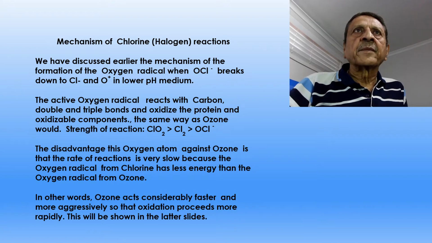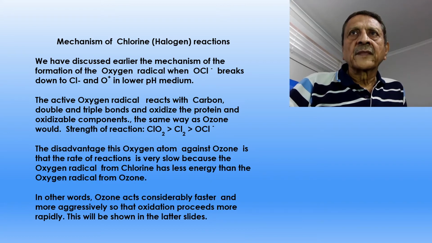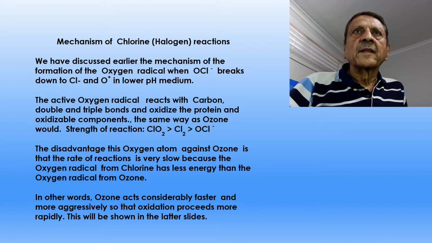The strength of the chemicals are chlorine dioxide, chlorine, and OCl, hypochlorites. The disadvantage of this oxygen atom against ozone is that the rate of reactions is very slow because the oxygen radical from the chlorine has less energy than the oxygen radical from ozone.